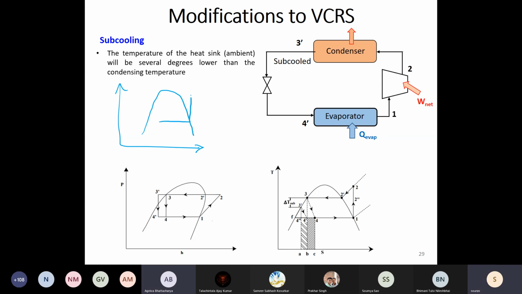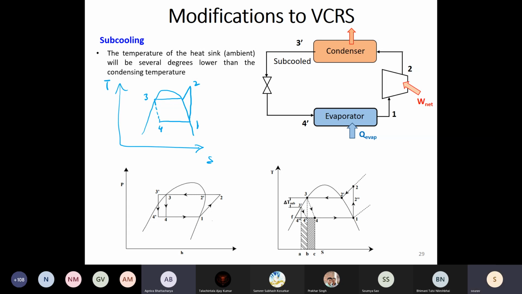Since we are familiar with the TS diagram a lot, let me still continue with the TS diagram. 1, 2, 3, 4. Now let us understand what limits the temperature at point 3.